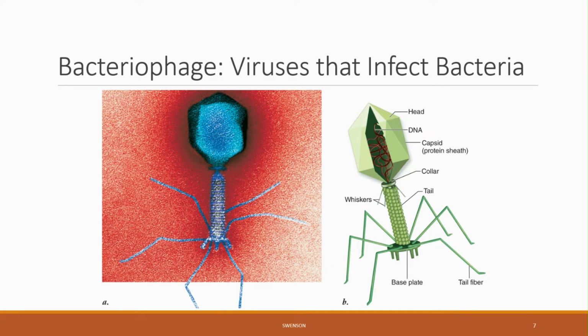The collar and whiskers help to attach the tail, which, like the barrel of a syringe, is through which the DNA is injected. The tail fibers and base plate are for attachment and recognition of a compatible bacterial cell and help initiate the injection of the viral DNA through the tail and into the cell.